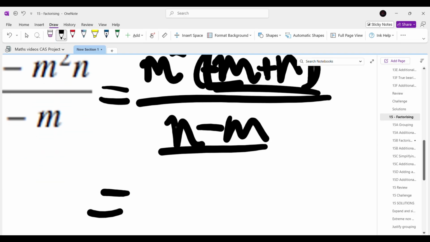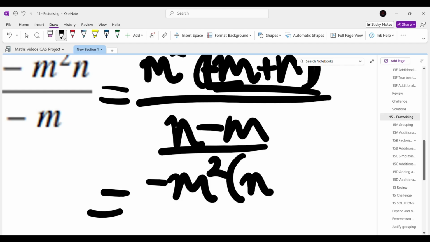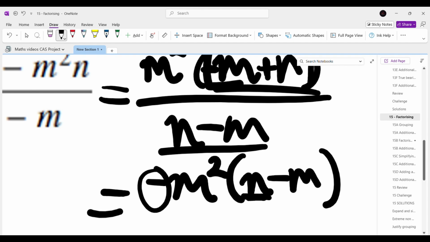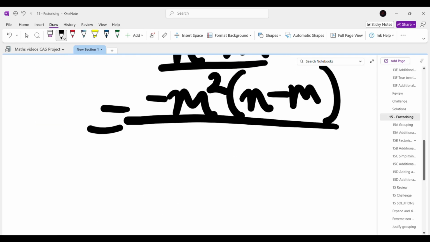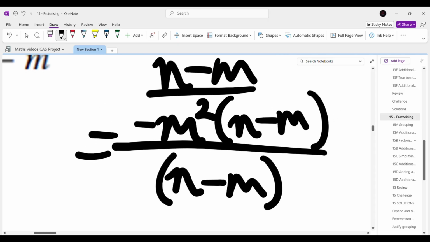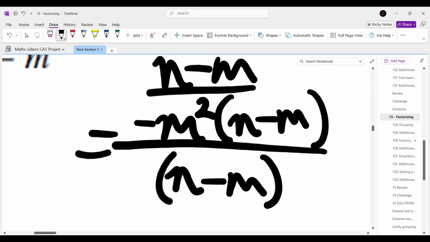Now we have negative m squared multiplied by n minus m, because remember, when we put the negative m squared back in, this term becomes negative because it's multiplying by a negative, and this term becomes positive because two negatives cancel out. So we take out negative m squared, and look, we have m minus n on the top and m minus n on the bottom. These just cancel out, and our final solution is just negative m squared.